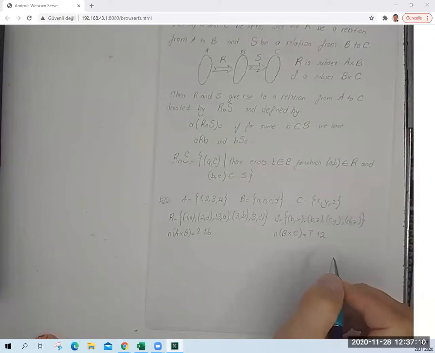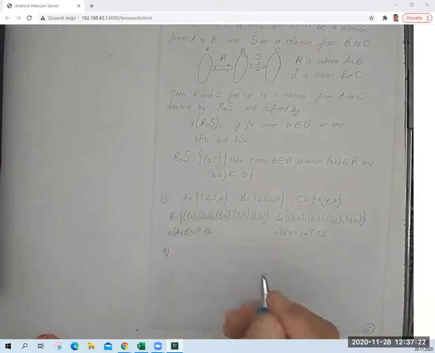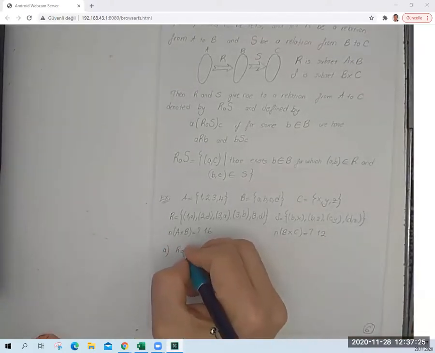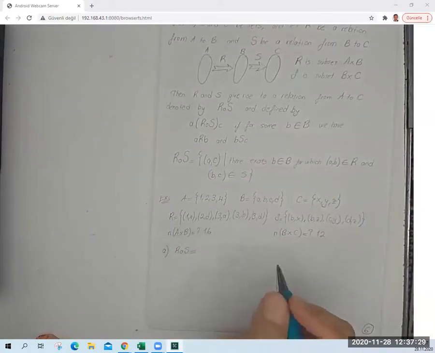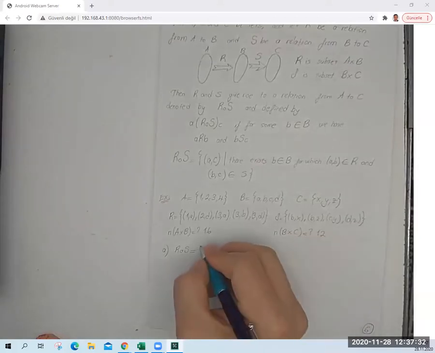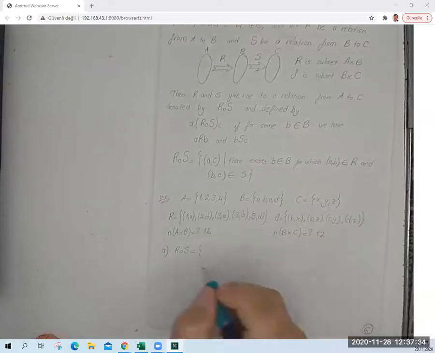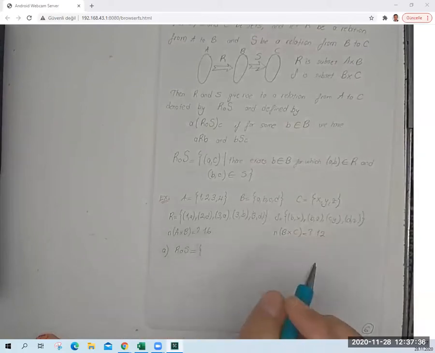So what is the relation of composition R to S? This is my question, as a list form in case A, and in case B as arrow diagrams.